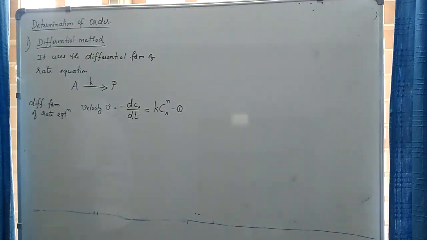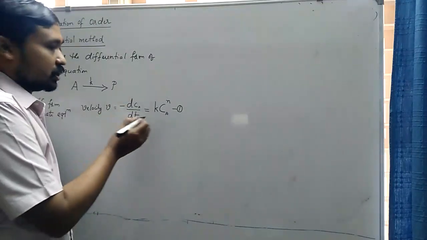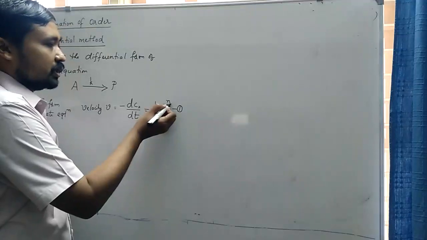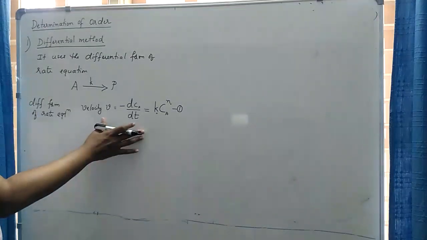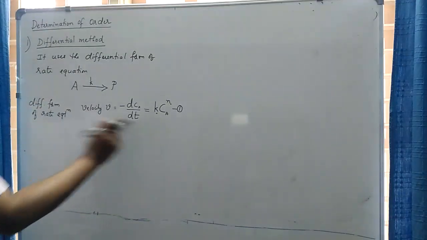So this is the differential form of rate equation, and the two unknown quantities in this equation are the rate constant and the order of the reaction. Now suppose we take the logarithm of this equation.